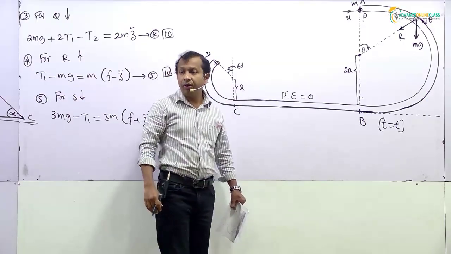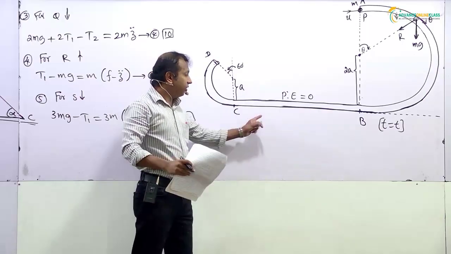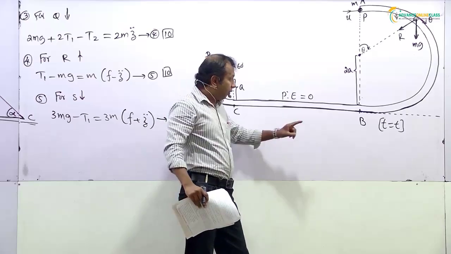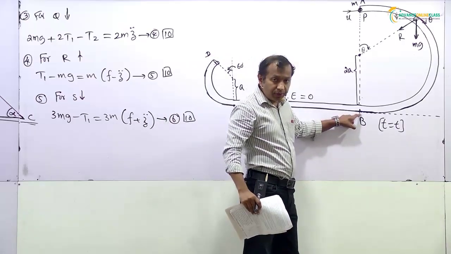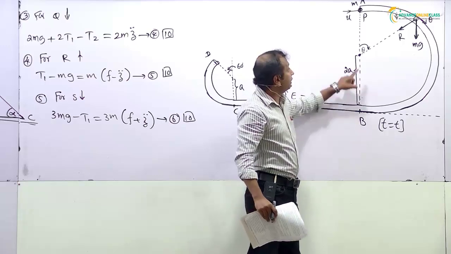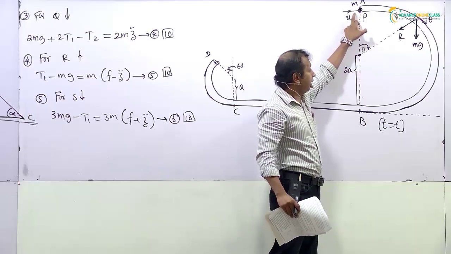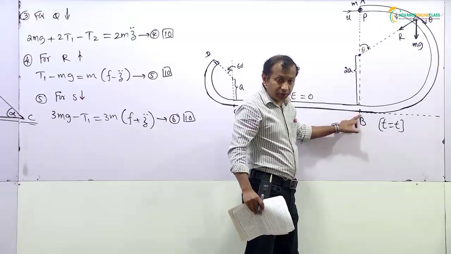Why? No loss of energy. But you know, when this BC is rough, once the particle reaches here at the point B, the particle will have the same energy as it has here. Then the energy at A and at B are equal.